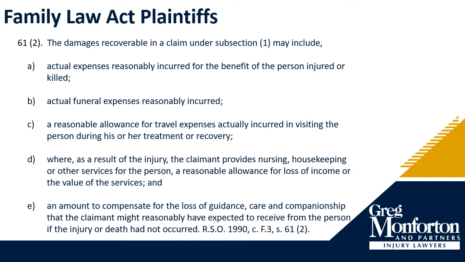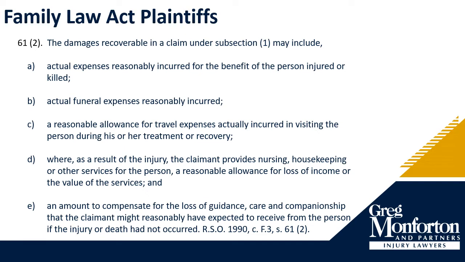So now that we know who can advance a Family Law Act claim arising from an accident, we then need to look at what can they actually claim for. And Section 61, subsection 2 itemizes the potential claims that a Family Law Act claimant may have. And these claims include incurred expenses, so things that the family member has paid for.